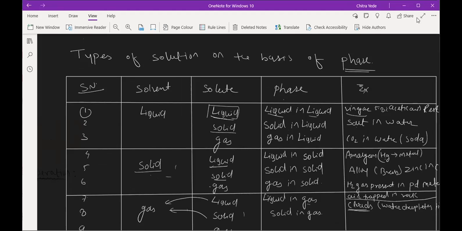Generally in morning time, you will find water droplets present on the plant or maybe on your car glass.